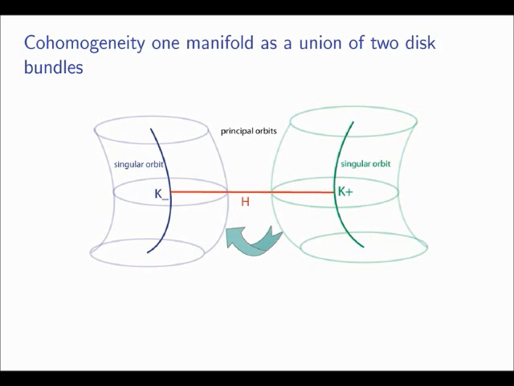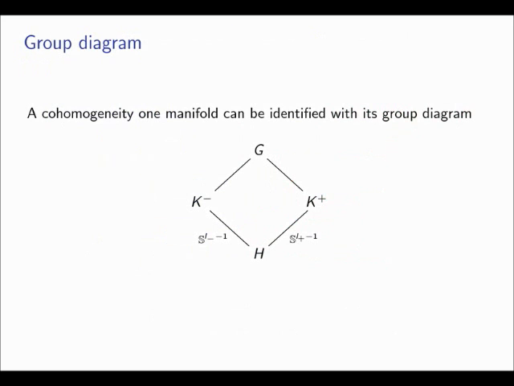And you see you have a geodesic connecting the bundles, so then you can glue them along the disk. This gives you the whole manifold. So this is just a picture regarding the cohomogeneity one manifold.